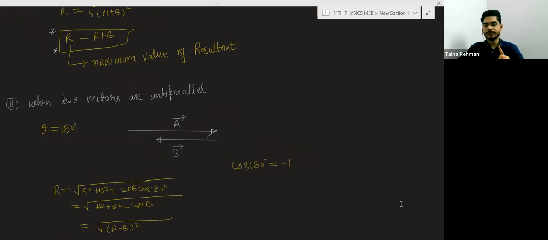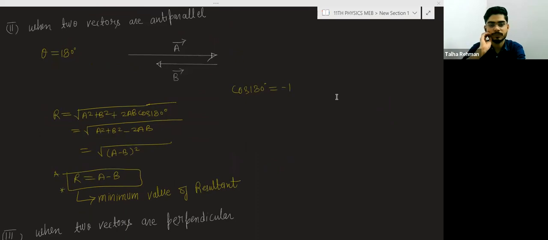This chapter is very basic and very important. You can imagine this as when the two vectors are acting in the opposite direction on a body.